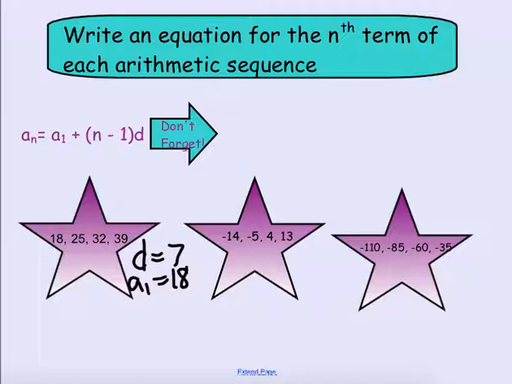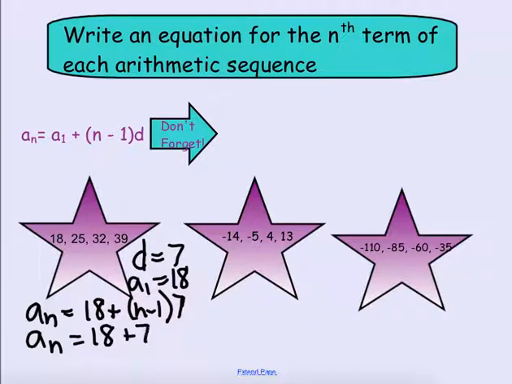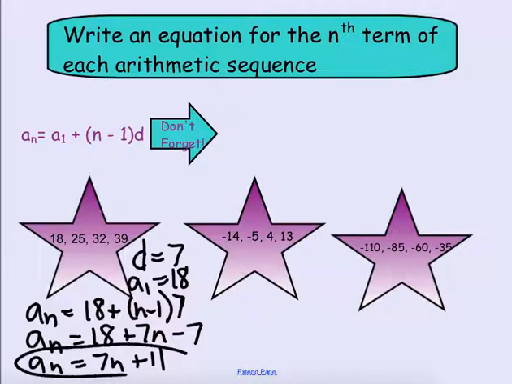So we can plug it into our formula and say a sub n is equal to 18 plus n minus 1 times 7. Which means when I distribute out, I get 18 plus 7n minus 7. And I combine to get a sub n is equal to 7n plus 11. And that would be my formula.